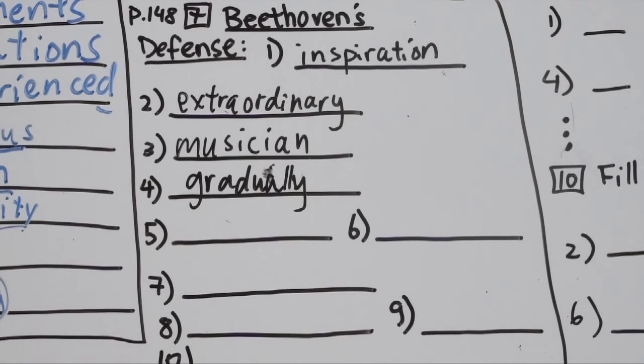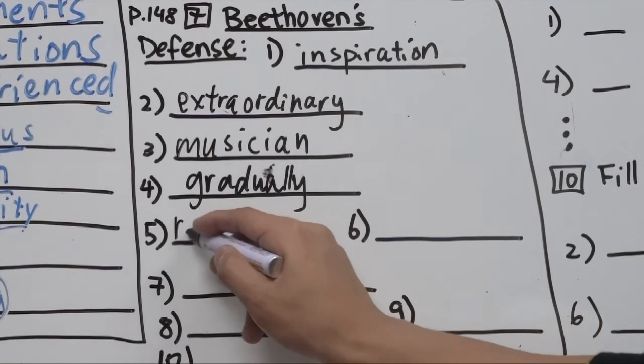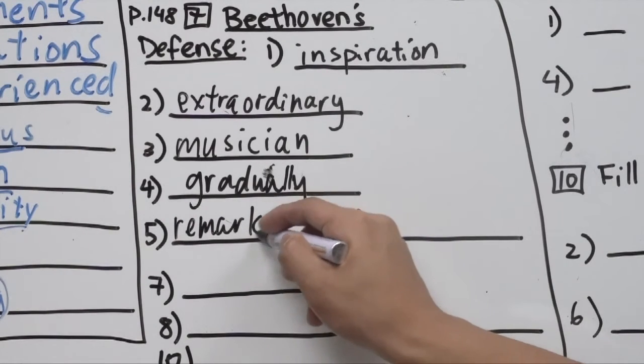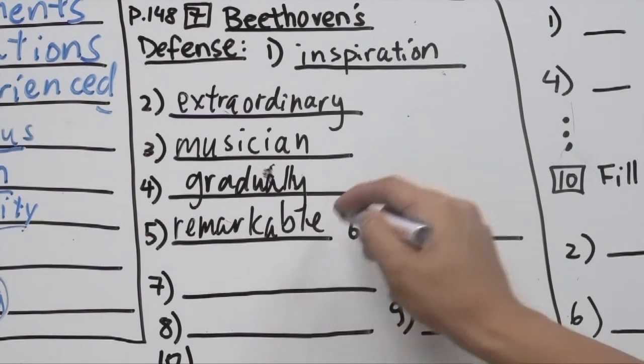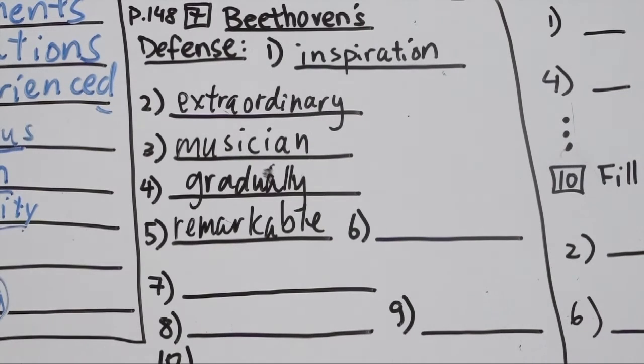Okay? Gradually. In spite of this, he continued to create masterpiece throughout his life. Remarkable, right? Remarkable. Very memorable, remarkable. Or a thing that can change, okay? Change music, remarkable.